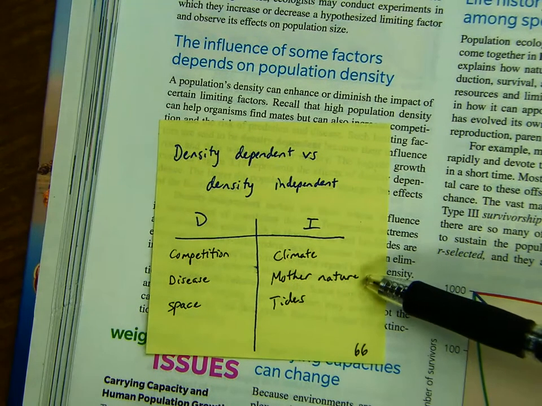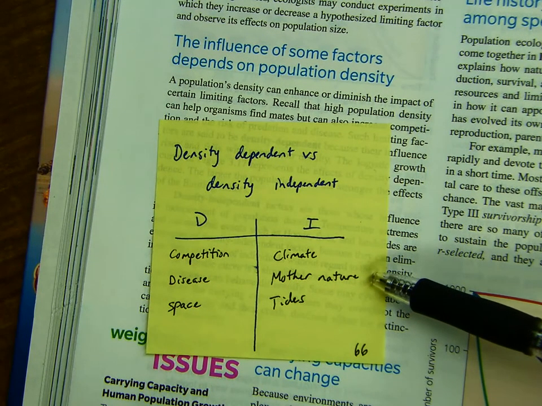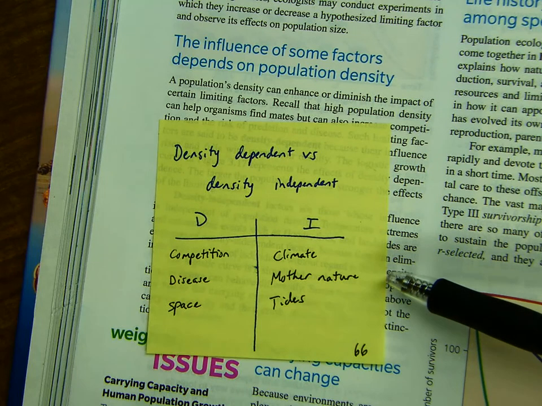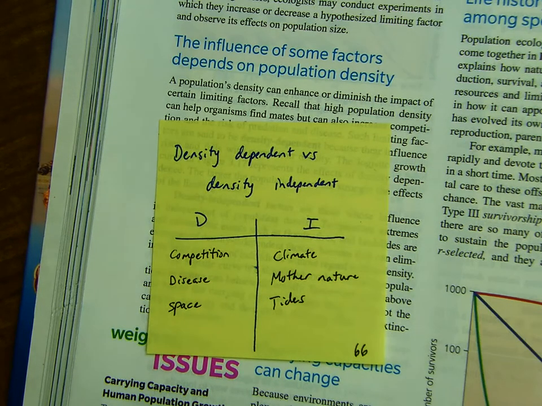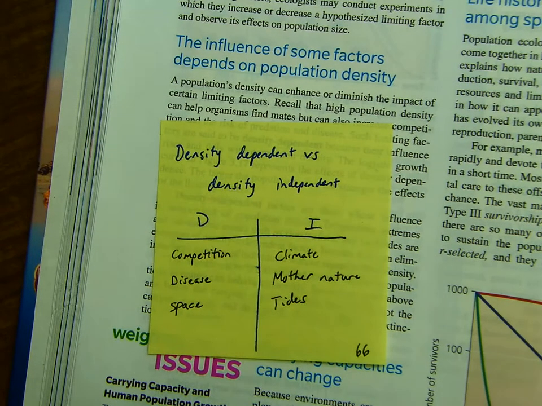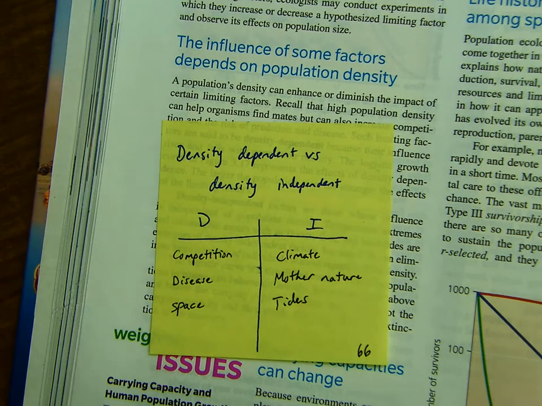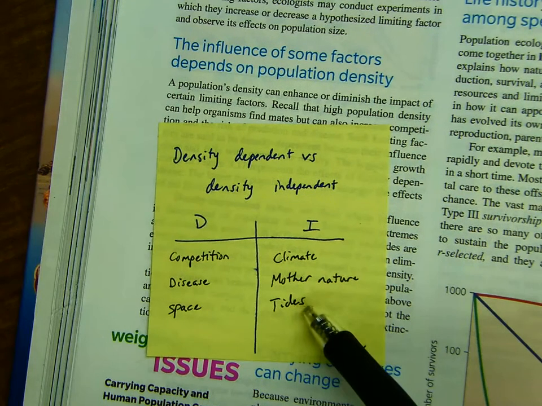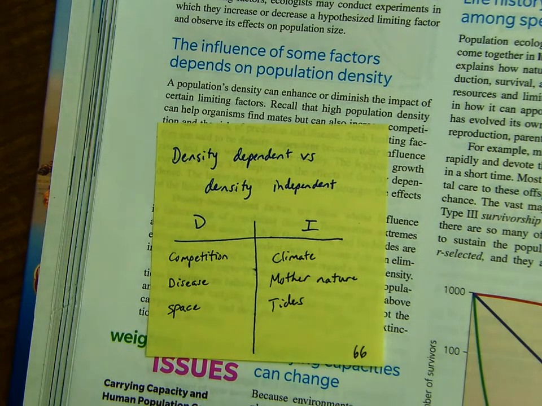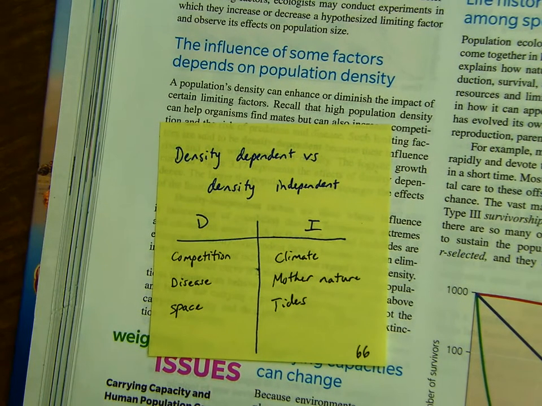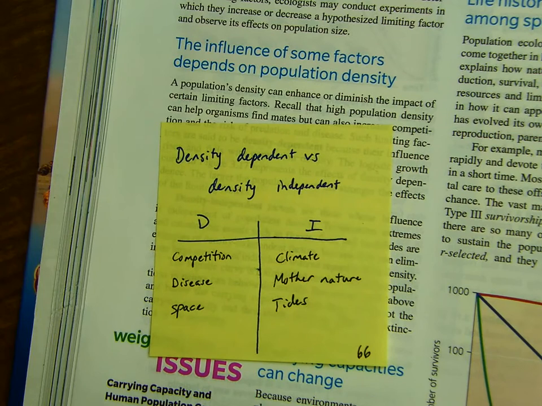I wrote Mother Nature here, so think of hurricanes and tornadoes and volcanoes and earthquakes and stuff like that. The volcano Mount St. Helens didn't erupt because it was mad that people were moving close to it. It just erupted anyway. Okay, tides are the same thing. The tides are going to go no matter if there's somebody in LA or not. The moon is moving a lot of that kind of stuff.